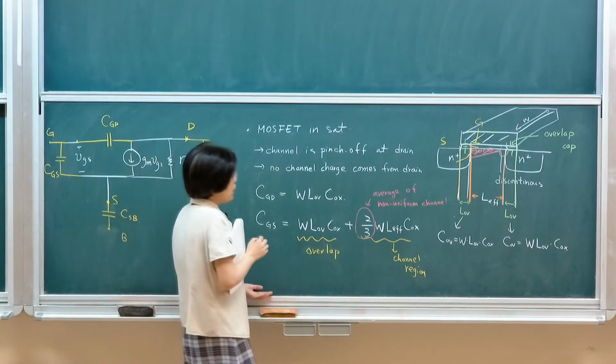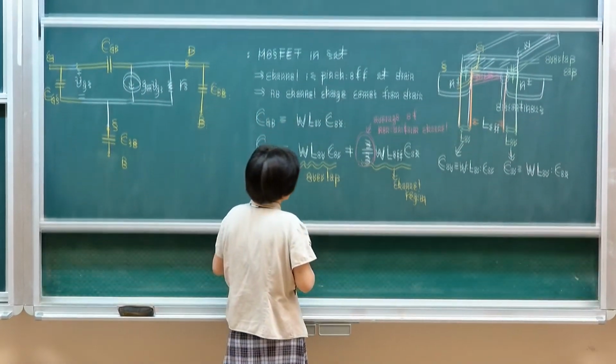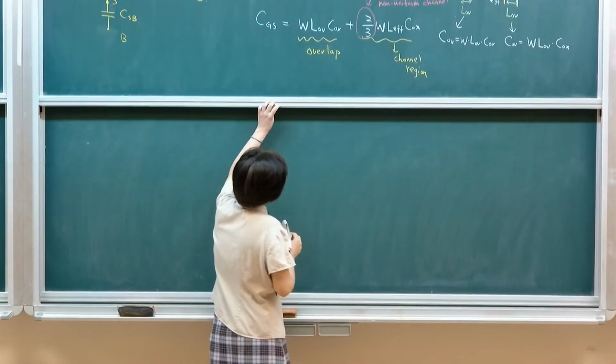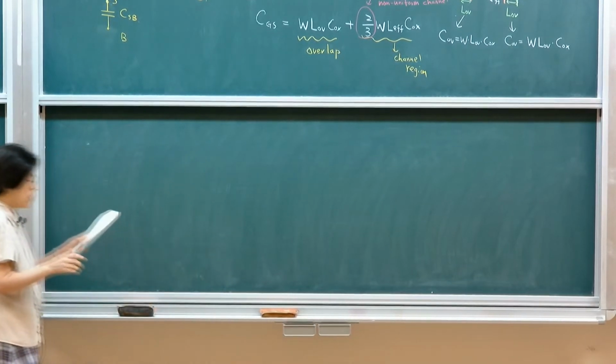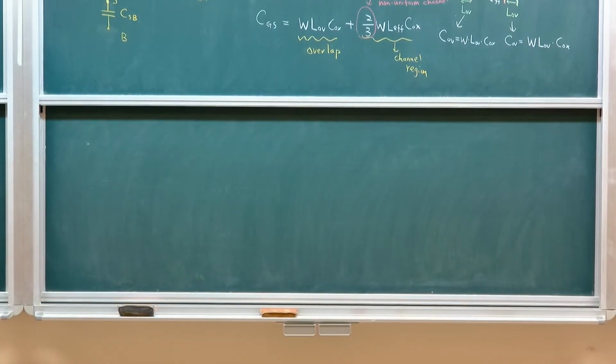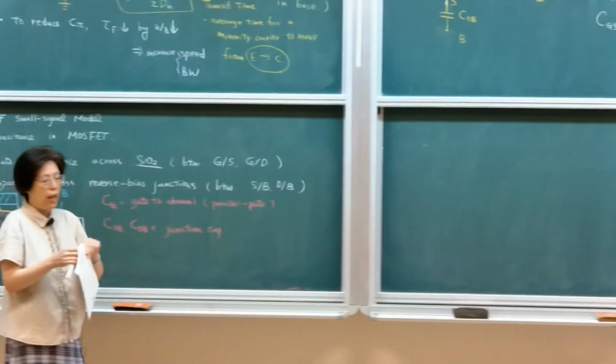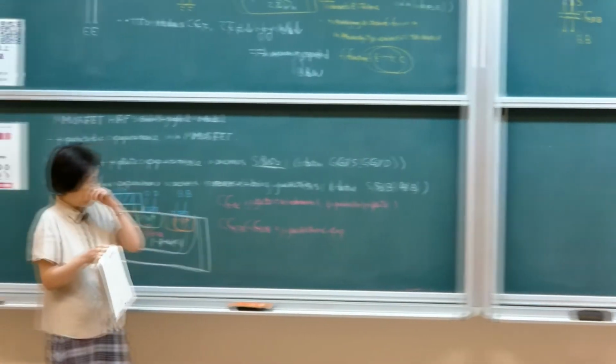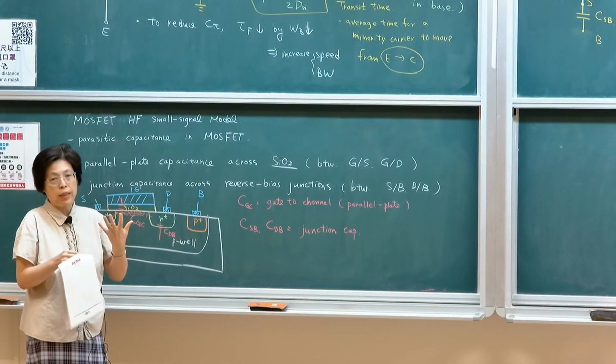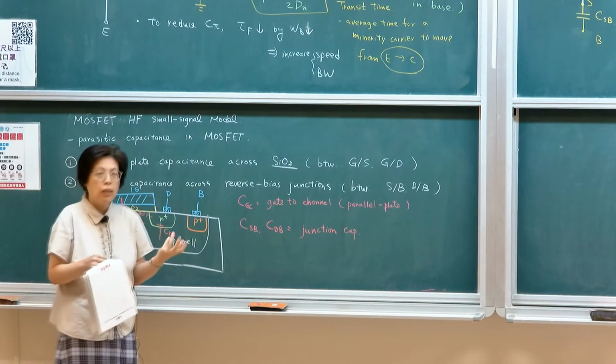So once we have these, we can then move on to further analysis as to what is the implication of having these parasitic capacitance. So next is how does one consider these parasitic capacitance, of course, in circuits?